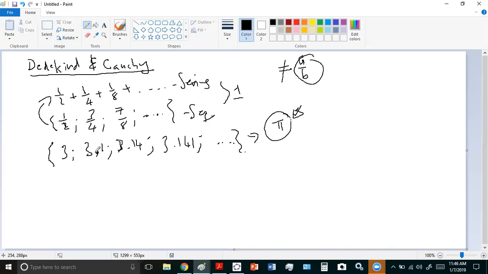Pi is a magnitude that is not commensurate with any other magnitude. And I normally just call it an incommensurable magnitude, okay, which is what I just described, a magnitude that is incommensurate with any other. So we're not able to measure pi.